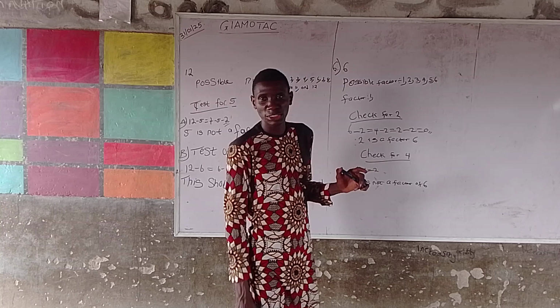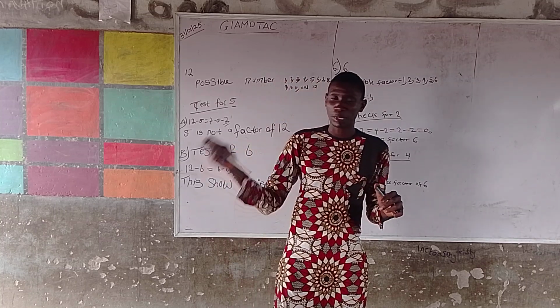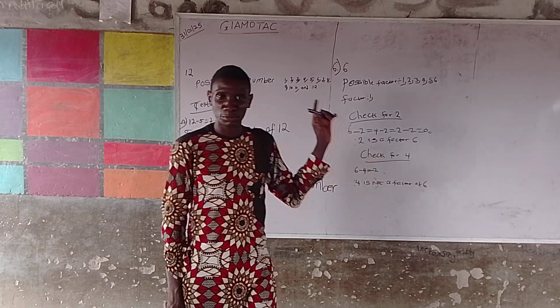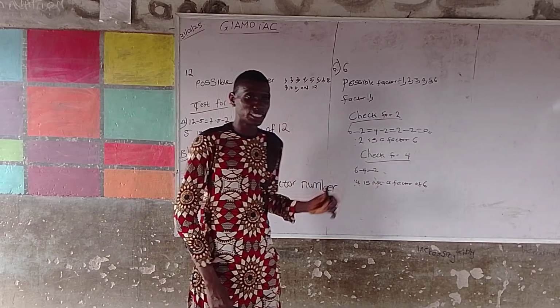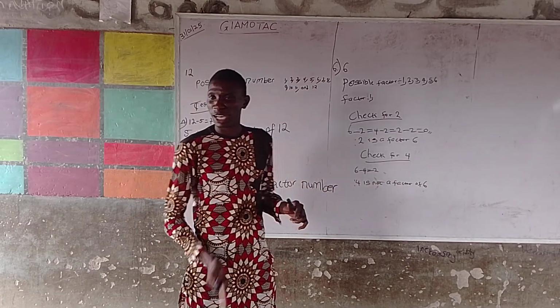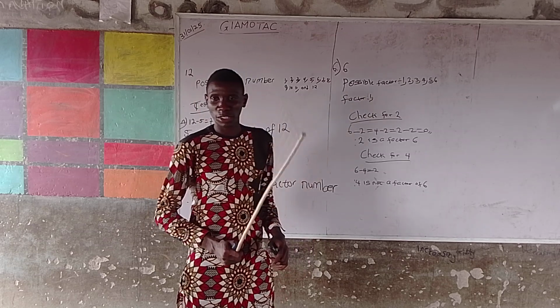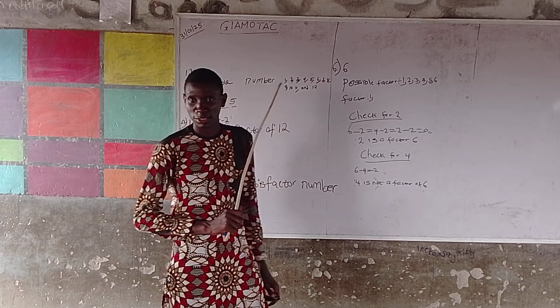But the moment you minus that number from the number you are looking for and you get 0, it shows that the number you minus is a factor of that number.